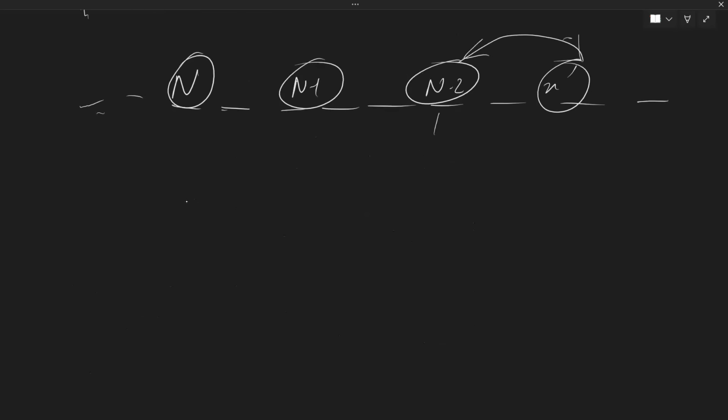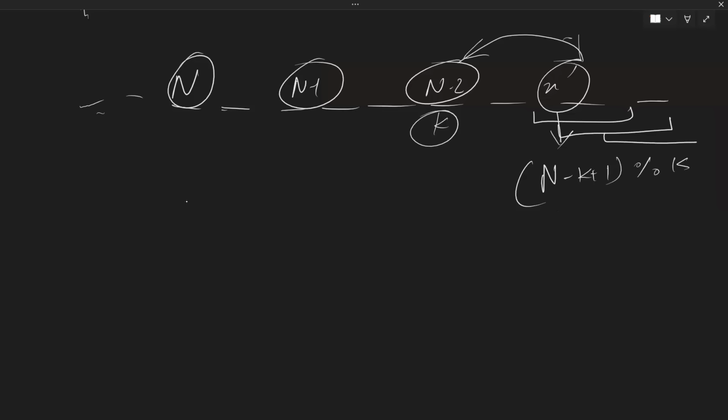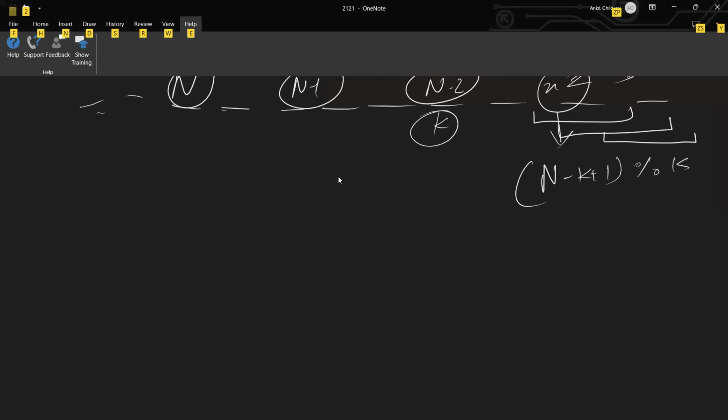Because at this place, this will be maximum for k subarrays, and this is just maximum for n minus k plus 1, that is total number of subarrays modulo k. So I cannot rearrange this, but I can rearrange it out of all of these places, here and there. I can move this as long as it is in each and every subarray, right? Is it making sense?